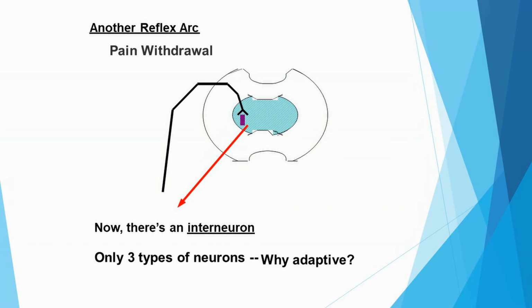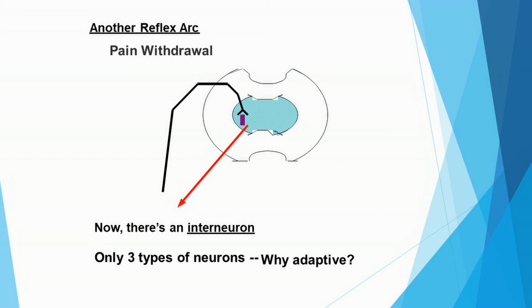If you look at this diagram regarding the pain withdrawal reflex, you'll see that there are three types of neurons now. You have the afferent sensory neuron picking up information about what happened at the big toe, hey, tissue damage. And then you have the efferent motor neuron traveling from the spinal cord toward the foot so that someone will lift their foot away from the piece of glass.